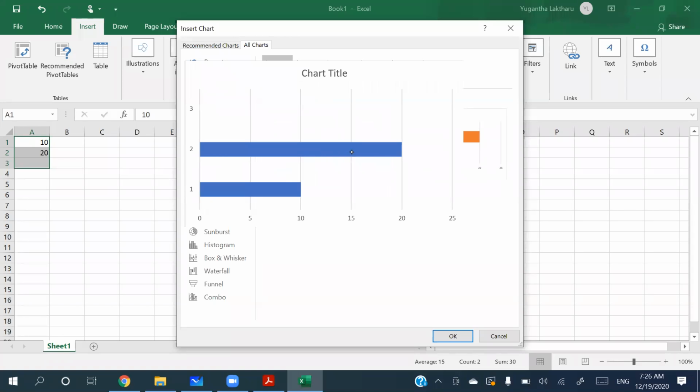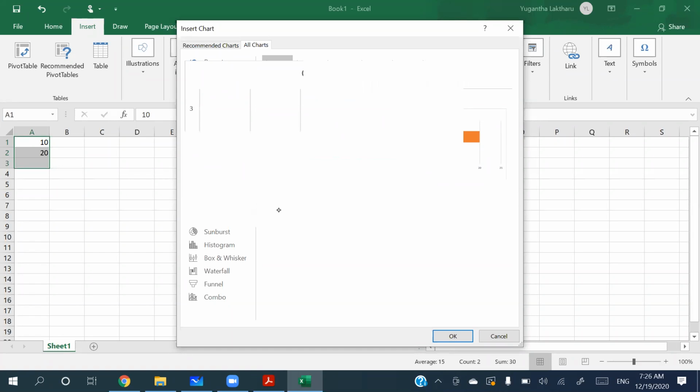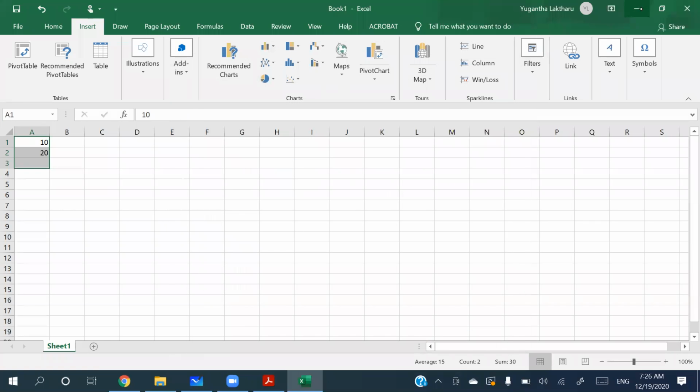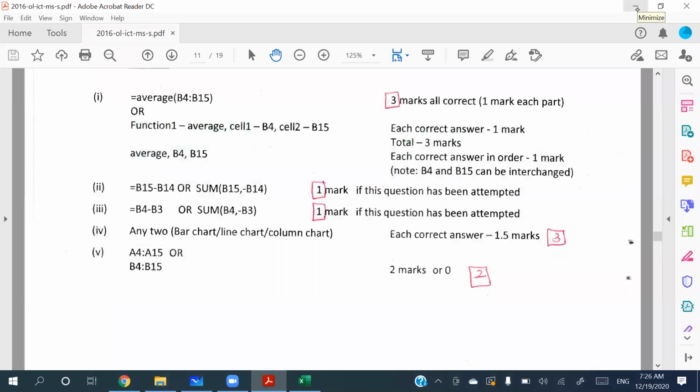So then the x axis is the figures, right? So they have given marks for both the scenarios, either A4 to A15 or B4 to B15, right? So 2 marks for that.